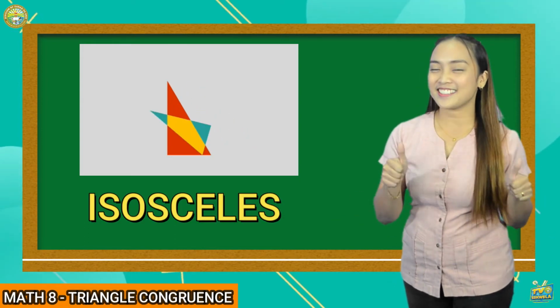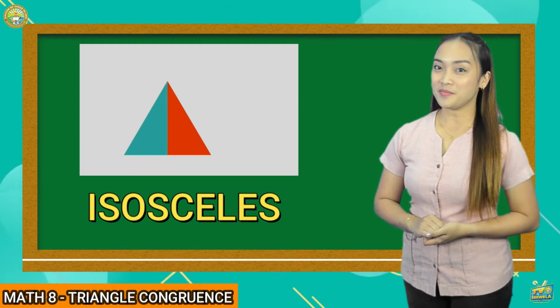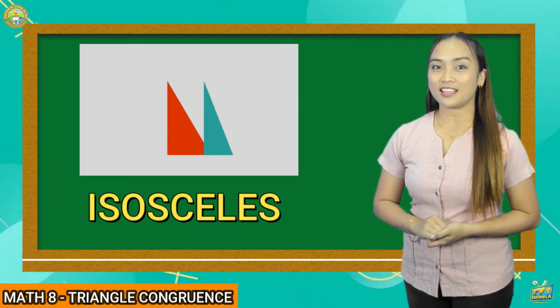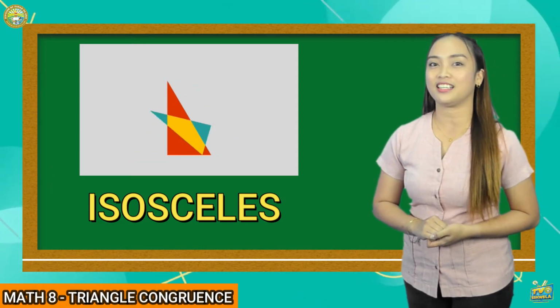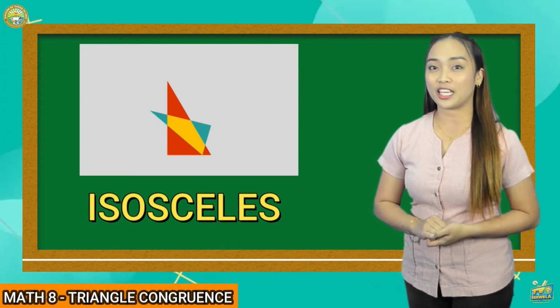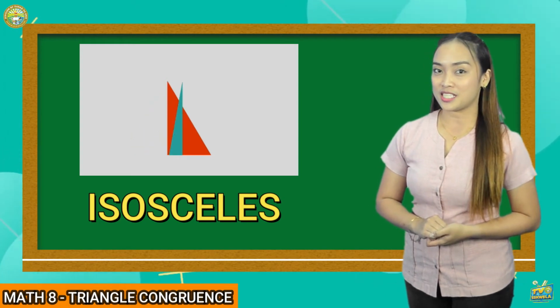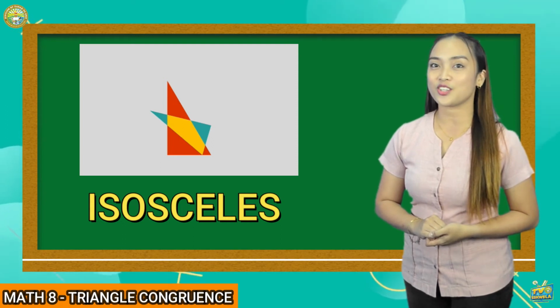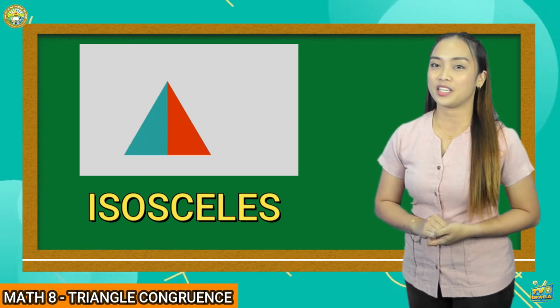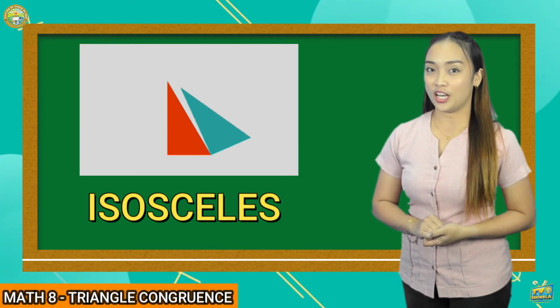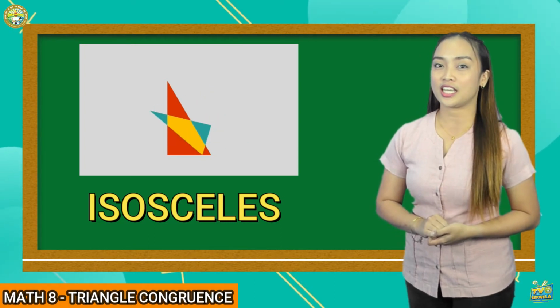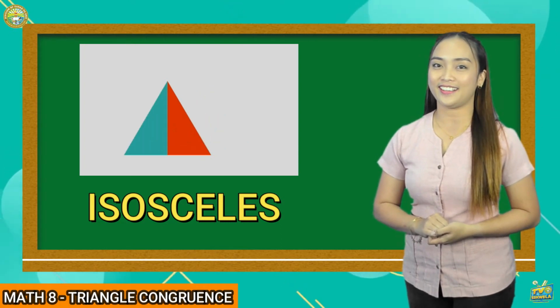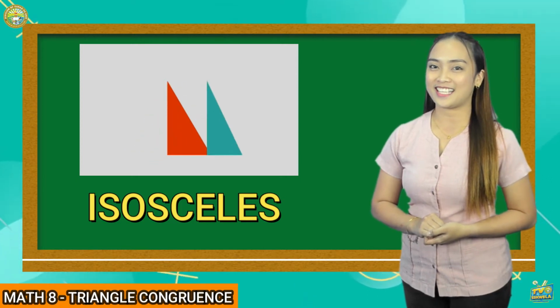Excellent. Sometimes, it is specified as having exactly two sides of equal length, and sometimes as having at least two sides of equal length. The latter version thus including the equilateral triangle as a special case.